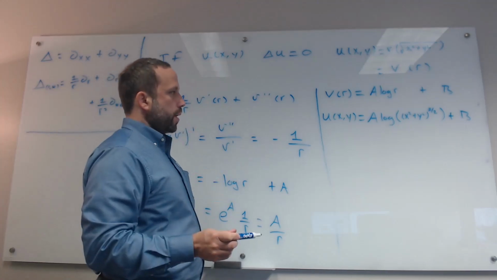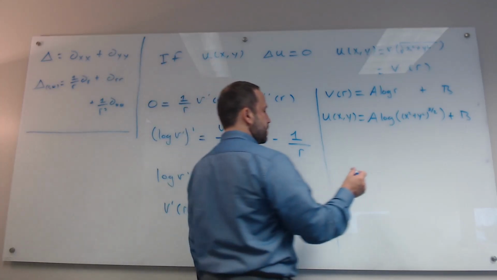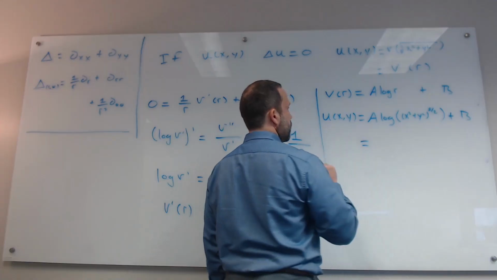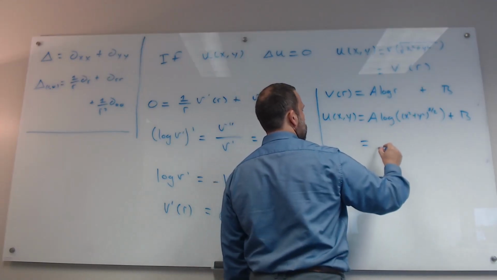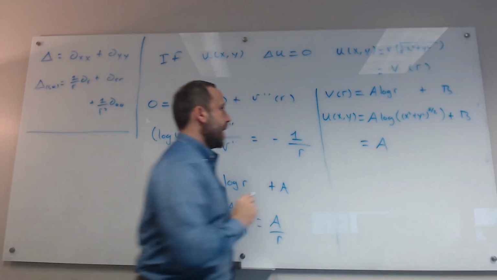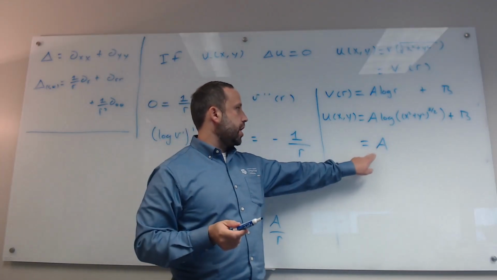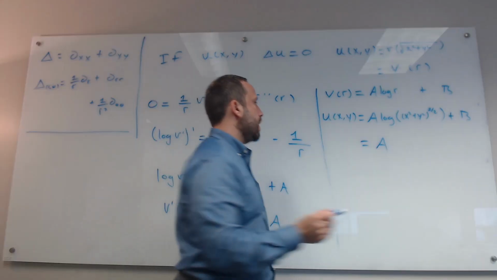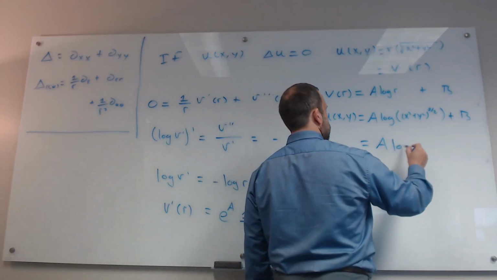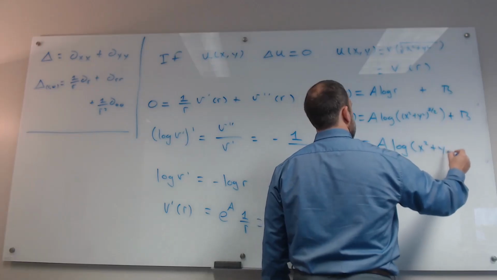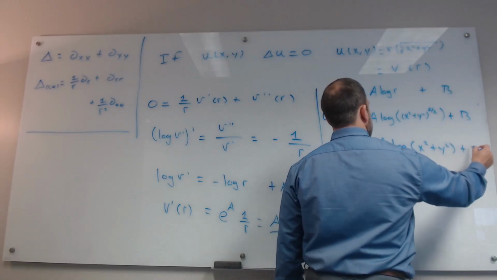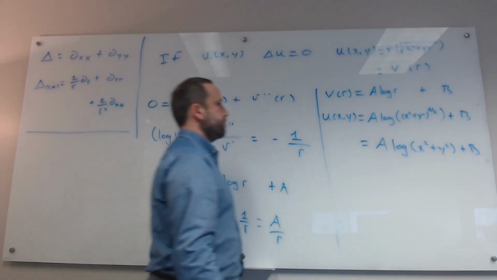So now, just to make things look a little nicer before we move on to the next step, this is a logarithm, so the 1/2 can come down. Again, I'm going to redefine a. The new a here is going to be equal to the old a over 2, times log of x squared plus y squared plus b.